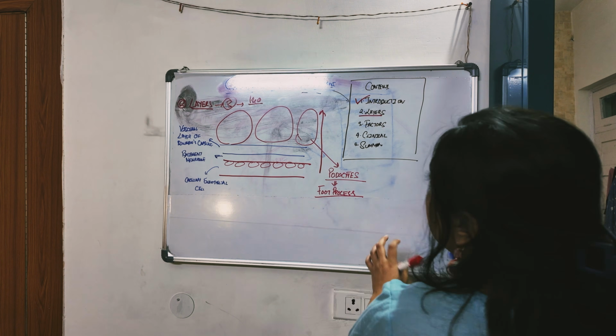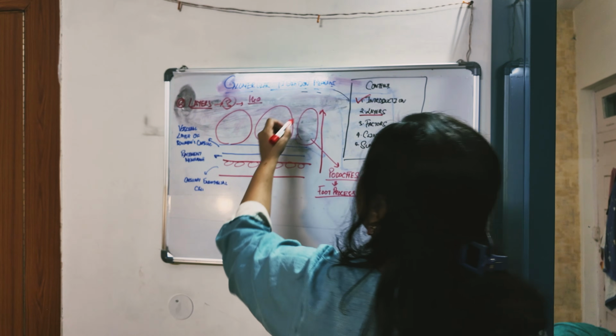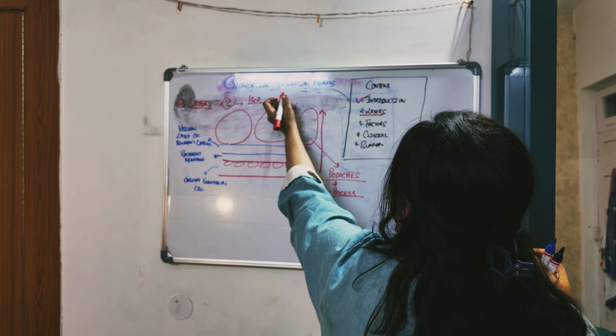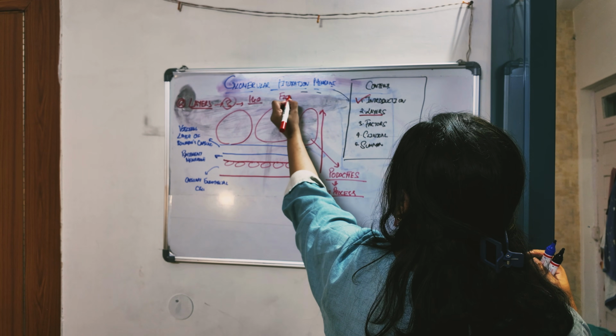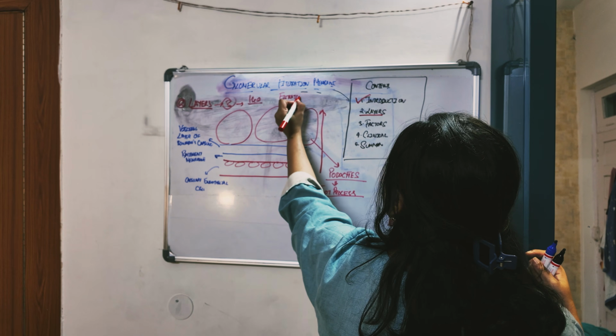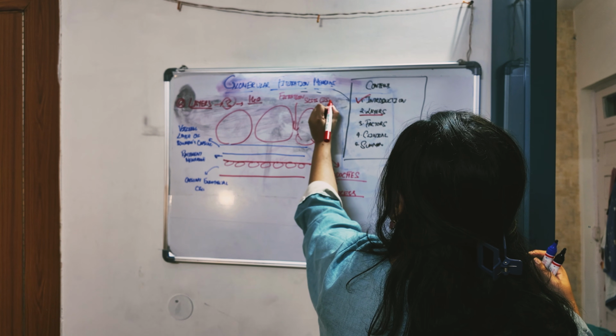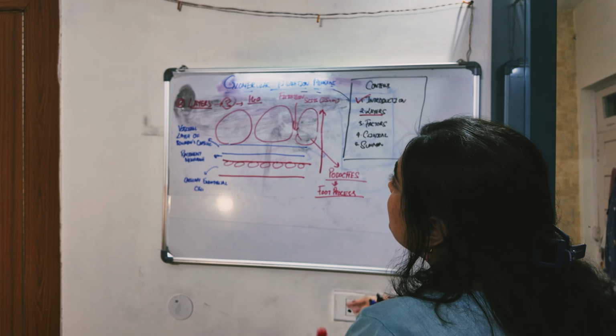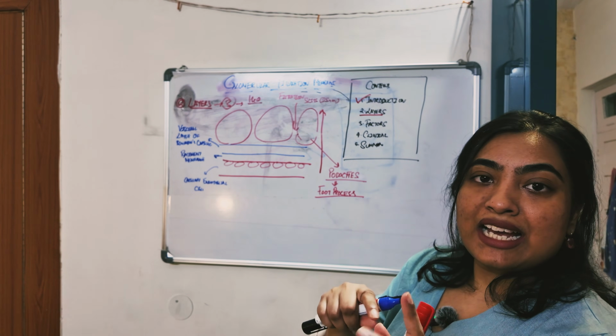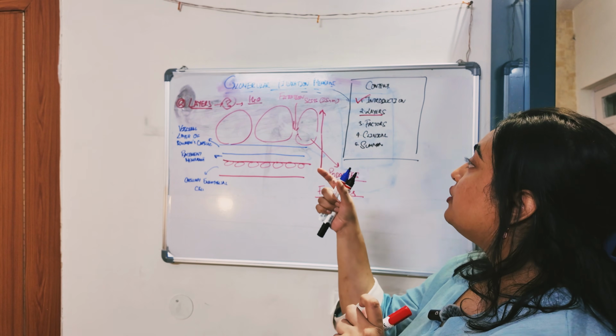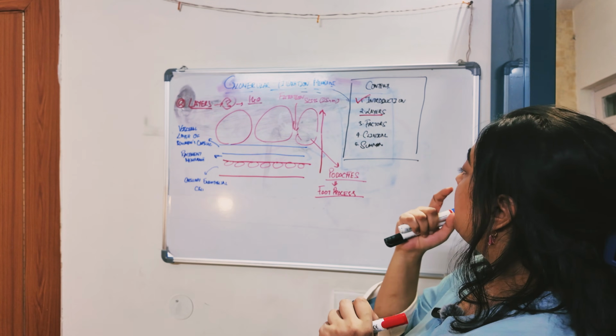The foot process of the podocytes forms filtration slits corresponding to a size of 25 nm. These filtration slits decide which molecule is going to go or not to go.